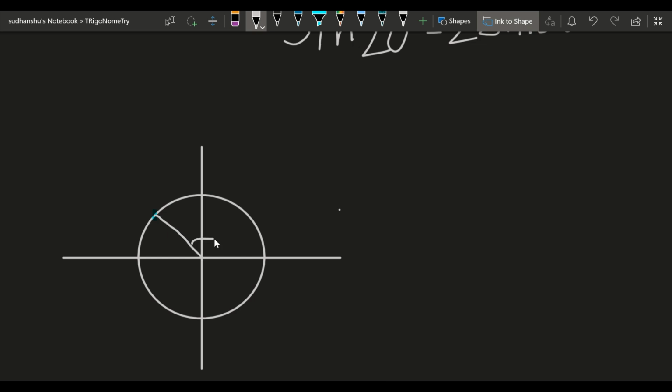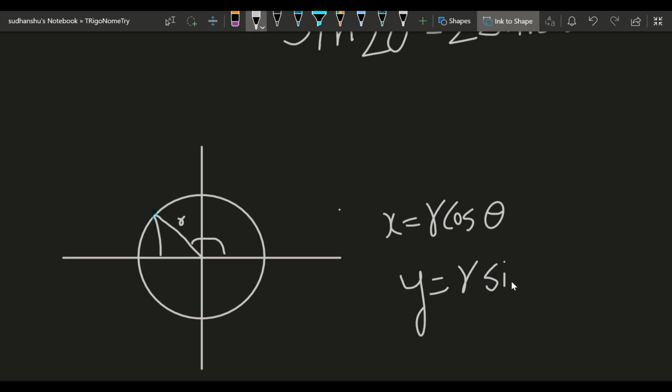Just take this angle, and take the sine and cos of this angle. So, whatever the point is, its x coordinate will be what? Let's say the radius is r. So, r cos theta, and its y coordinate is equal to r sin theta. We have already gone through this.